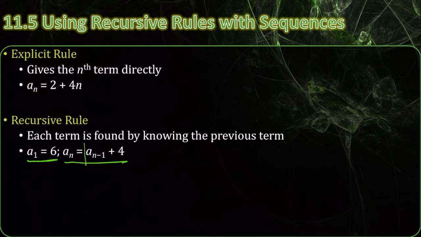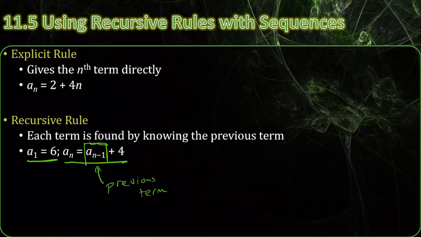Now this part of it, this a sub n minus 1, means the previous term. So it's the previous number plus 4. So a1 is 6. That means a2 is 6 plus 4. a3 would be 10 plus 4, or 14. a4 is 14 plus 4.